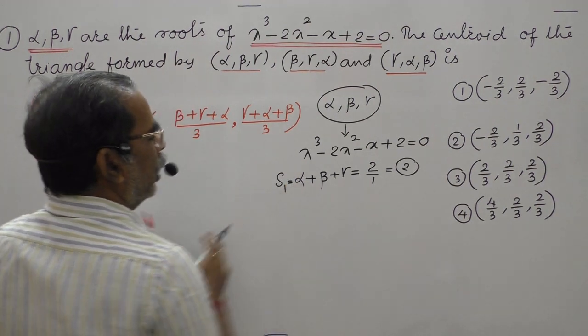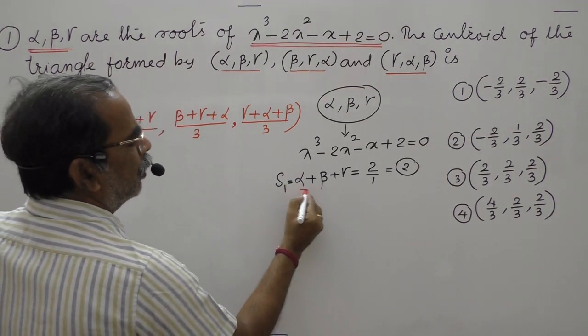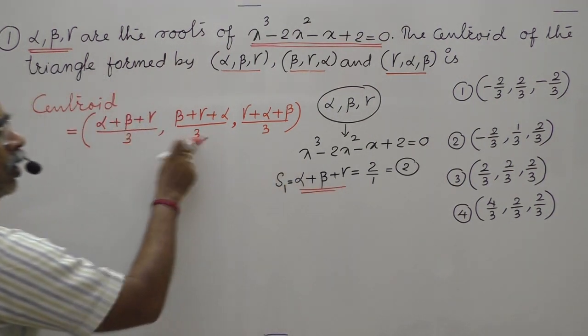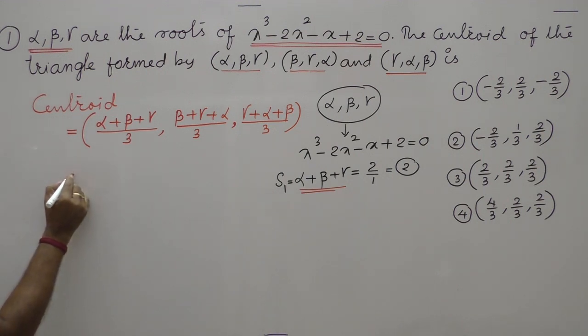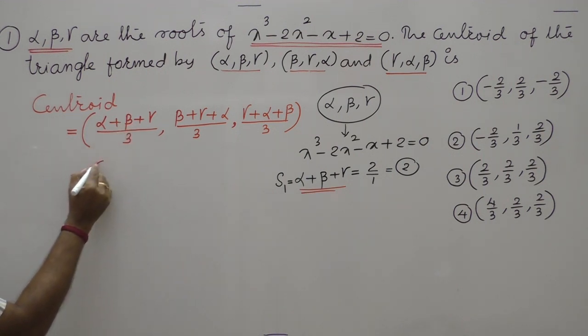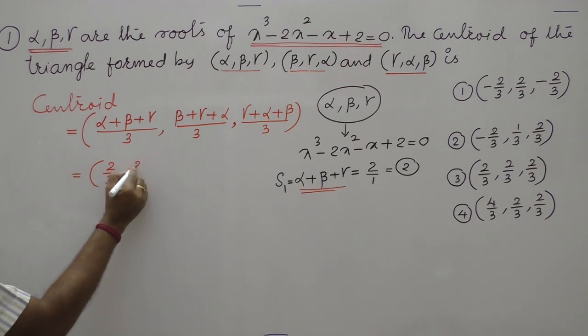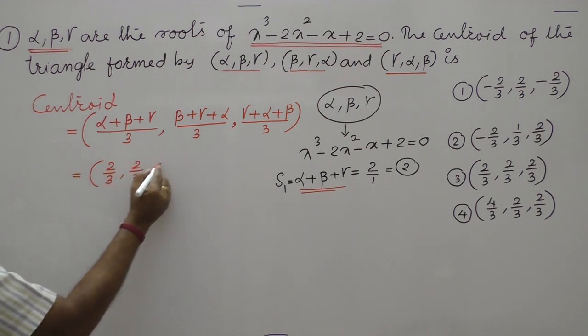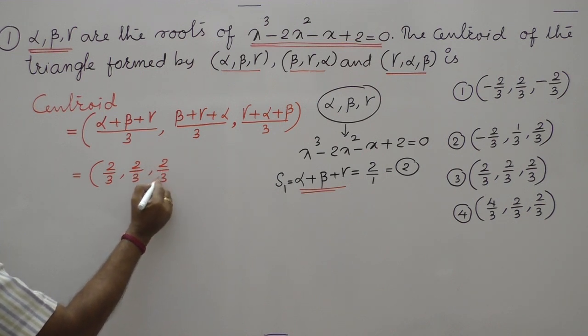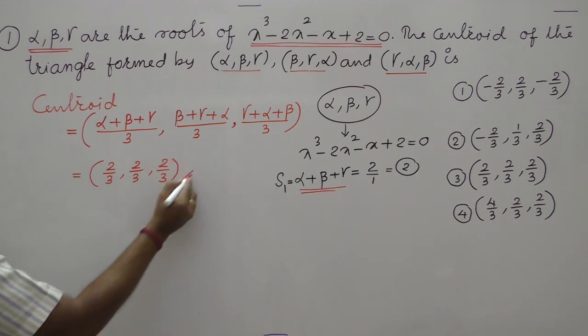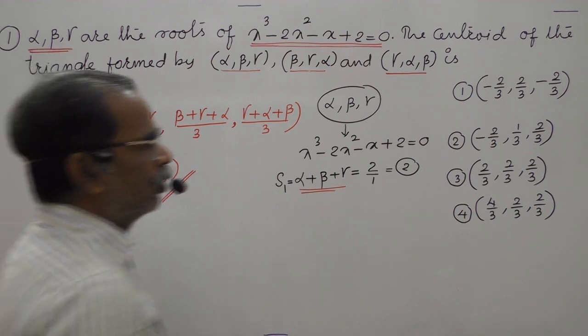So we need only alpha plus beta plus gamma. This is enough here because we have to substitute here. So what is alpha plus beta plus gamma? It is 2. Therefore 2 by 3. This is also 2 by 3. 2 by 3. That's all. This is the centroid. Therefore third option.